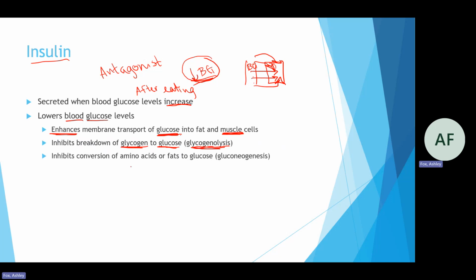It's also going to stop amino acids and fats from being changed into glucose, so it's going to inhibit gluconeogenesis. Again, complete opposite of what's happening with glucagon, because we're trying to lower our blood glucose. We don't need more. We have enough. We want to push it into the cells so it can be used for energy, but we don't need to increase it anymore.